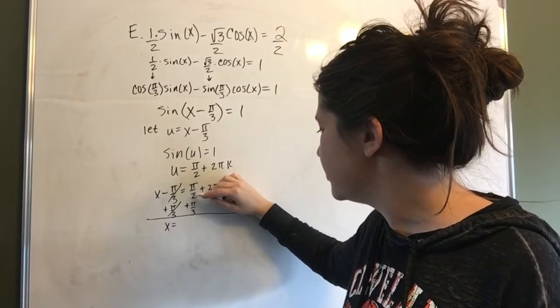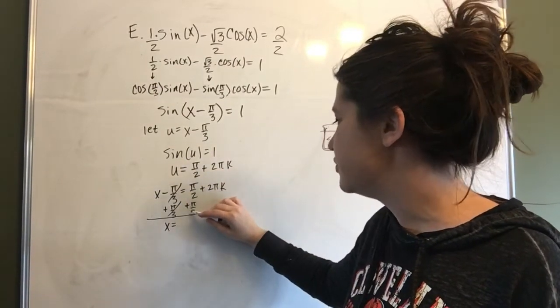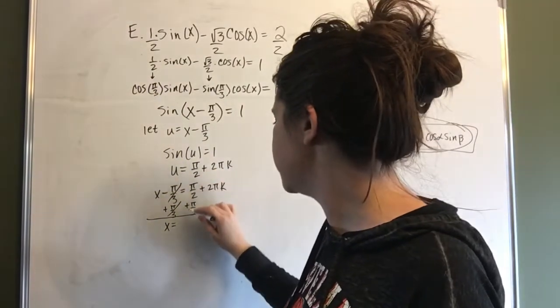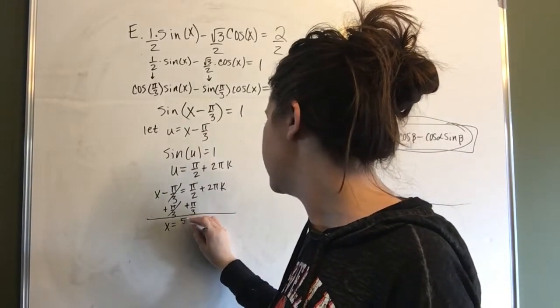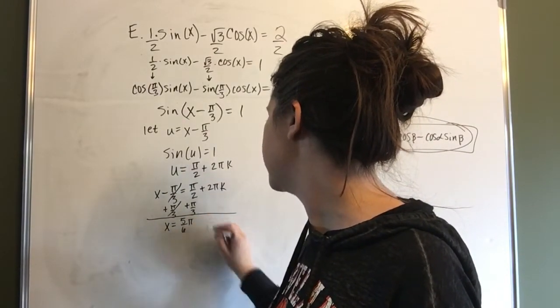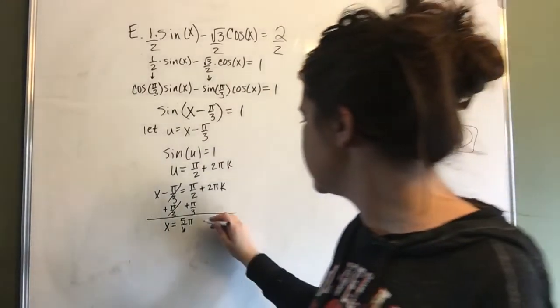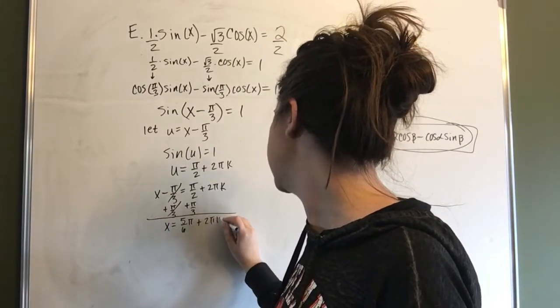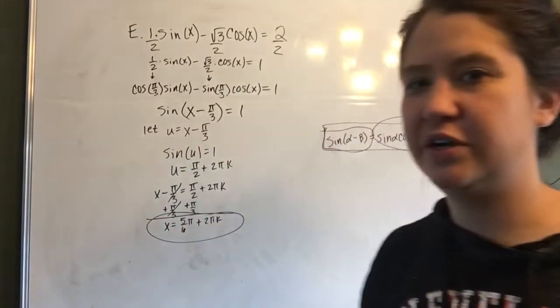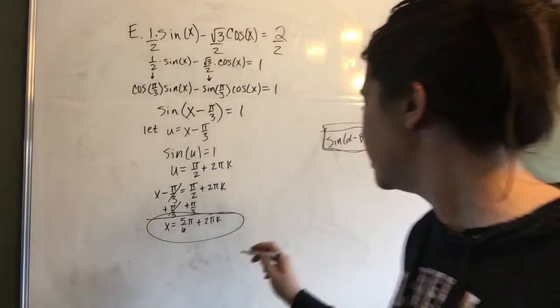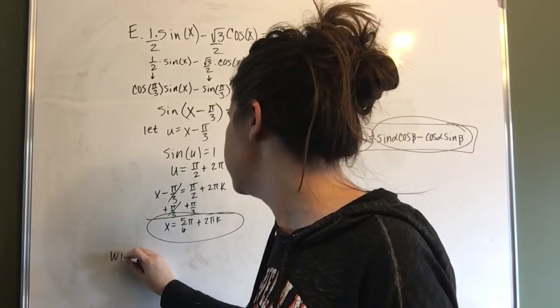This would be 3 over 6, this would be 2 over 6. So if I add 3 over 6 plus 2 over 6, I get 5 over 6, right? So 5 pi over 6 plus 2 pi k. Bam! There it is.